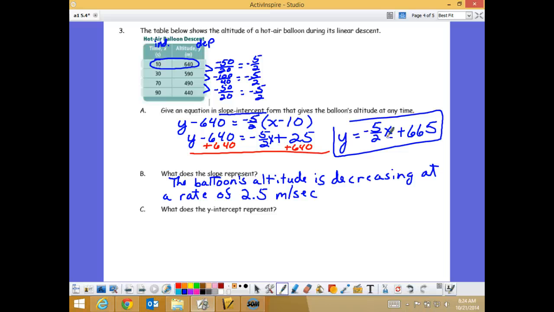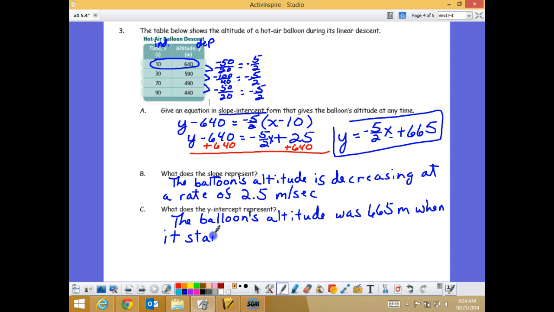So the y-intercept means that the balloon's altitude was 665 meters when it started its descent.